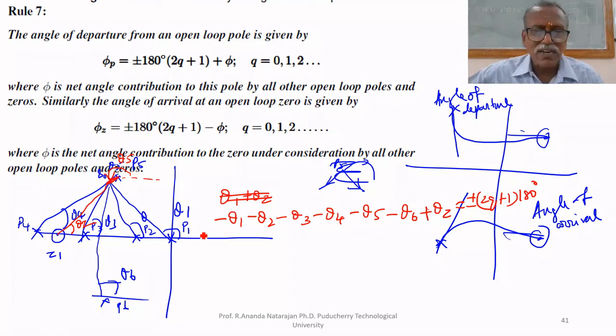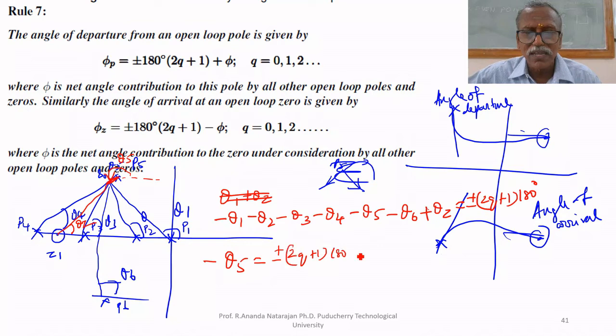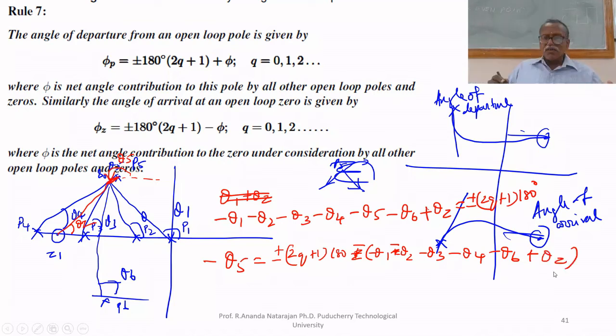What is required? Theta 5 is required. Minus theta 5 equals plus or minus (2q plus 1) multiplied by 180 plus theta 1, minus theta 2, minus theta 3, minus theta 4, minus theta 6, plus theta Z. Except theta 5, I brought all to the right hand side because I have to find theta 5.